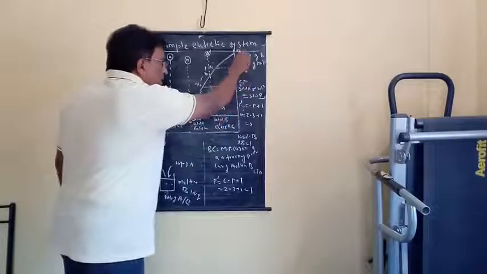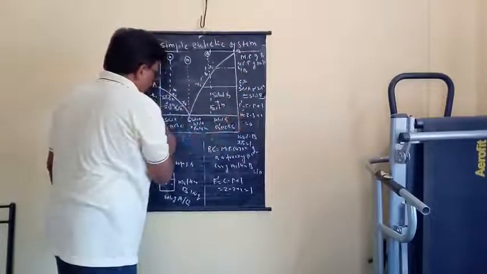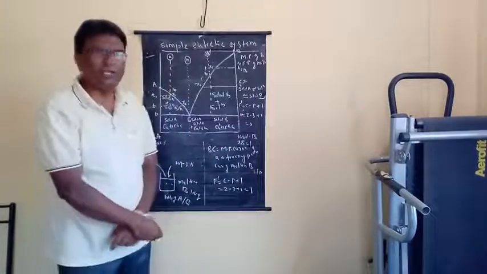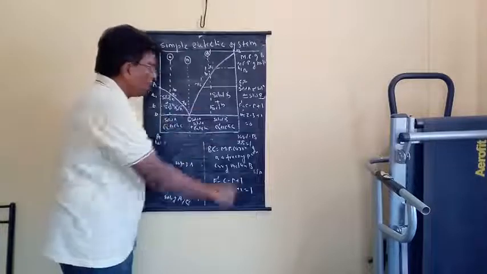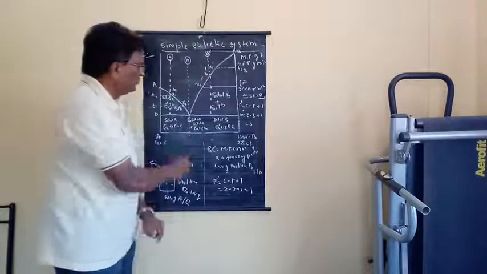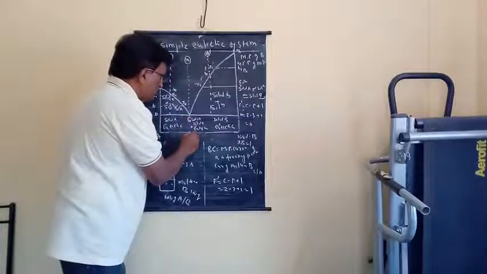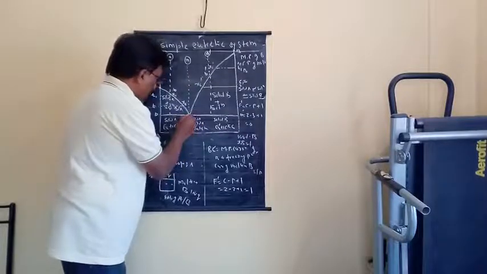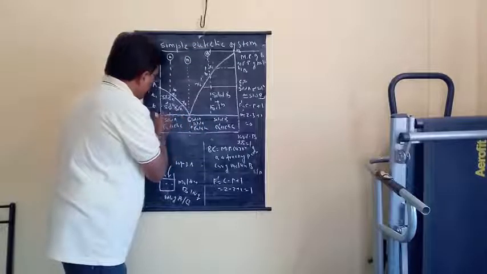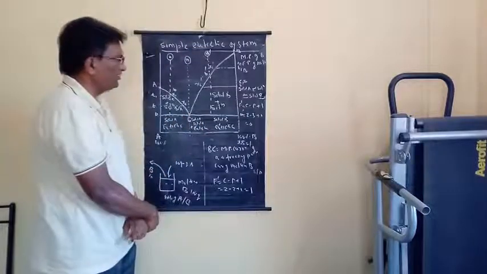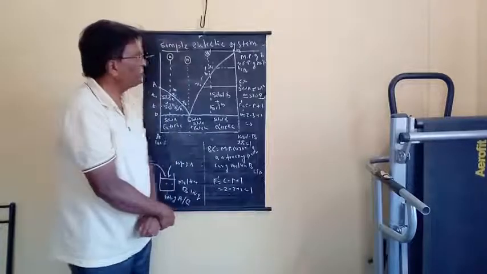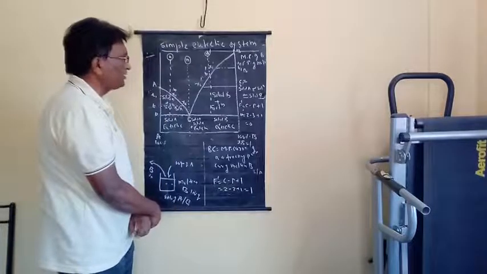AD, BD dash and DD dash contain only solids, and therefore these are called solidus curves. The composition corresponding to point C is called the eutectic composition, and the temperature corresponding to that point C is called the eutectic temperature. This is all about the general explanation of simple eutectic system.